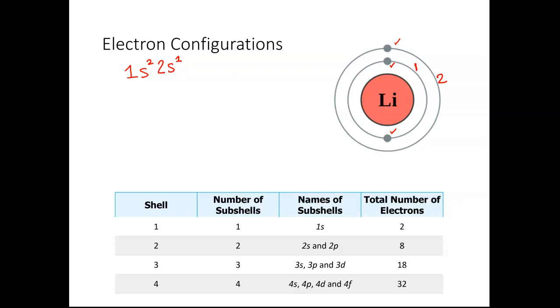So our electron configuration for lithium is 1s2, 2s1. If you want to know how many electrons it has, all you do is count the superscripts. So 2 plus 1 is 3. 1, 2, 3. Lithium has 3 electrons.